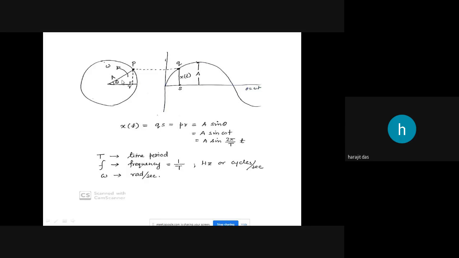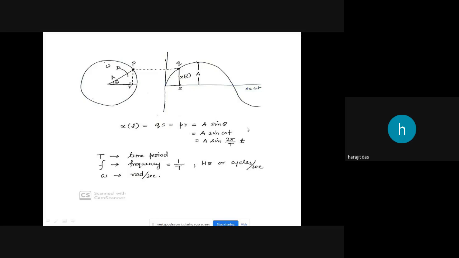So by applying trigonometry, the opposite side of this angle will be A sine theta, because this angle is theta or omega t. So x of t equals QS equals PR equals A sine theta, so A sine omega t. Omega is 2 pi upon T.